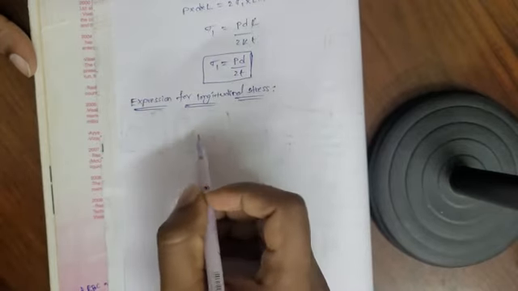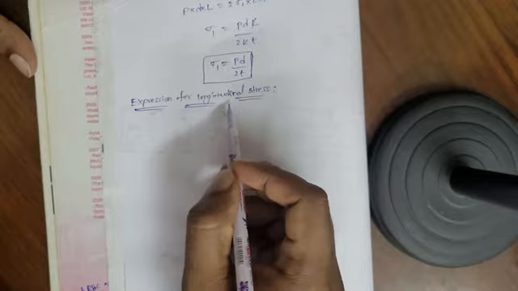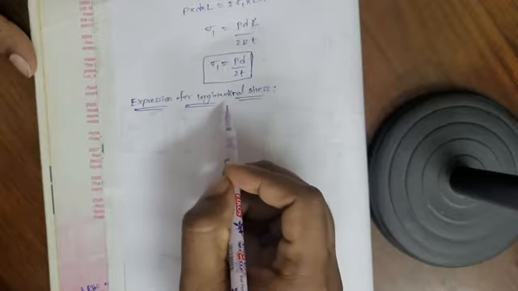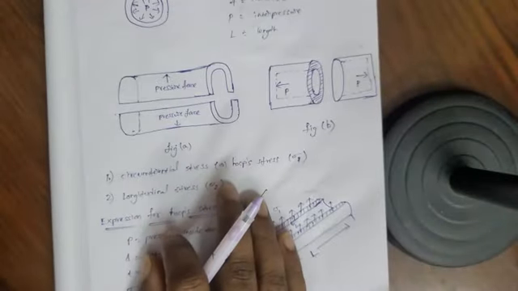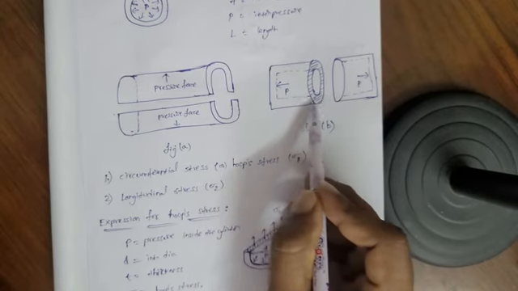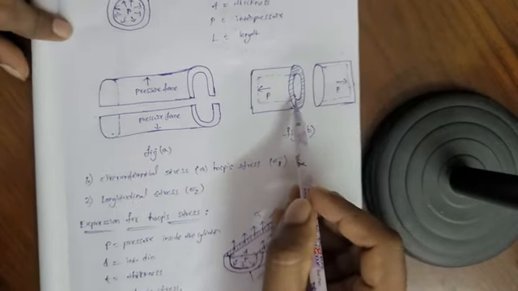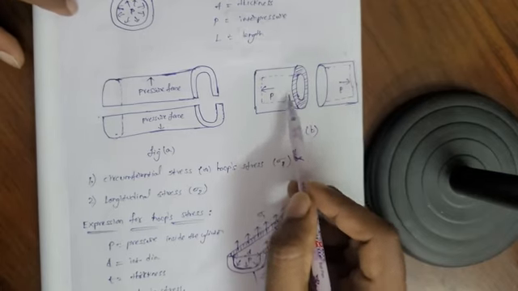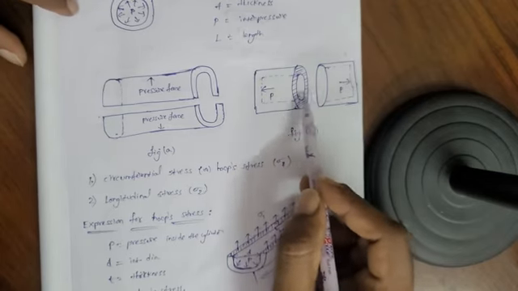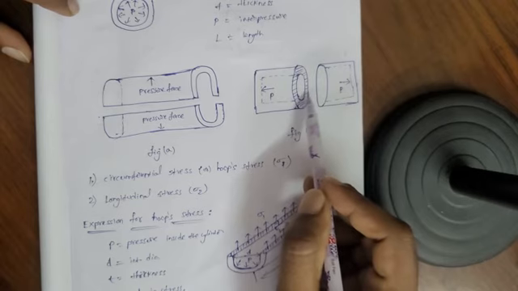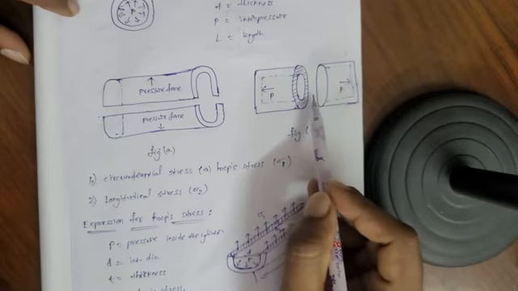Now we have to find the expression for longitudinal stress. If the bursting force of the cylinder takes place along this section, that means like this in this figure, here the bursting force of the cylinder acts at the ends and the bursting will take place along the length.